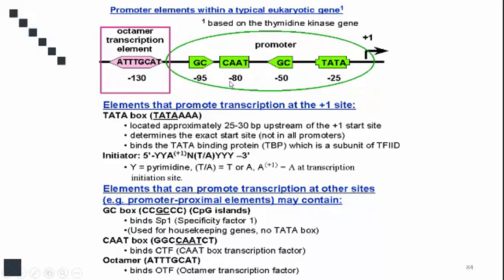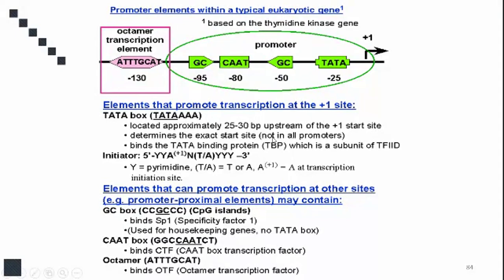The CAAT and the GC boxes are at -50, -80, and -130 and so on. So elements of promoter transcription are the +1 site; the TATA box is located within this range upstream. It helps determine the exact start site, though not in all promoters.